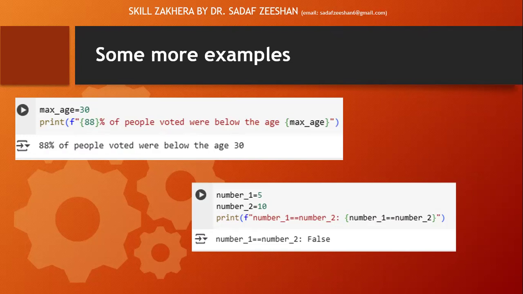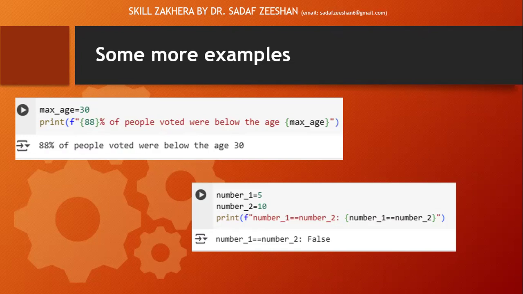So what will happen over here is the number 1 equal to number 2 shown in red is going to be written as it is, because this is not a variable. But you know that a variable is written within the curly brackets. That is going to be replaced by a true or a false depending upon what numbers you've chosen. So 5 and 10 are not equal, so this is going to display false over here.